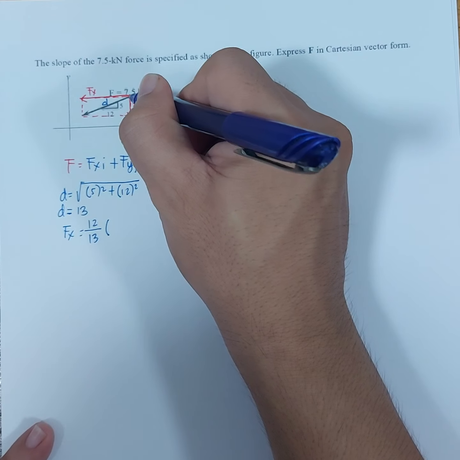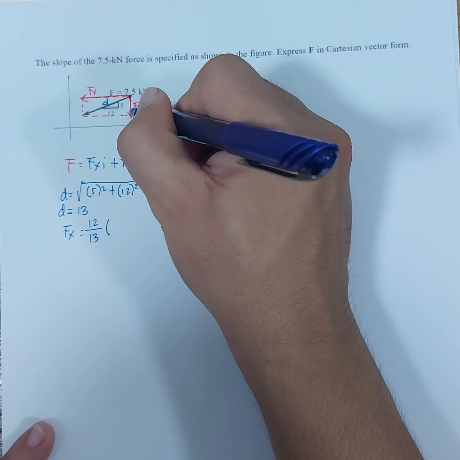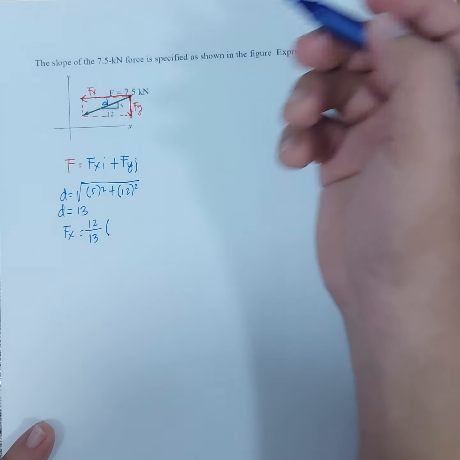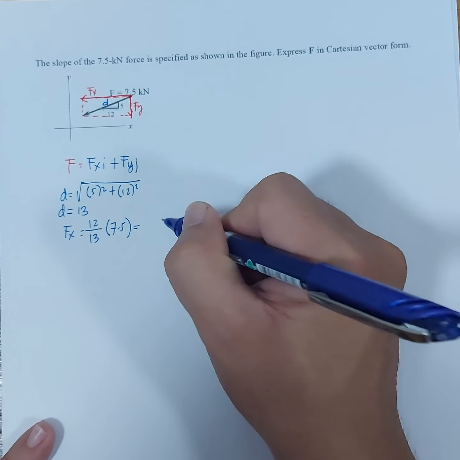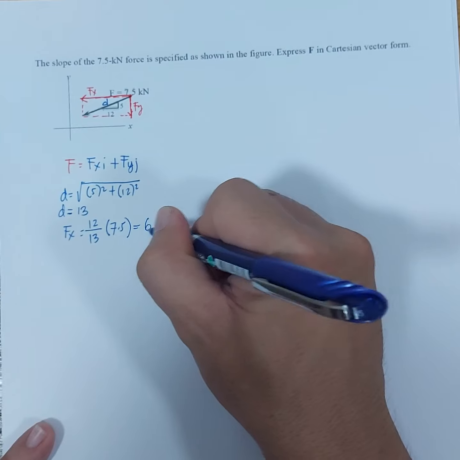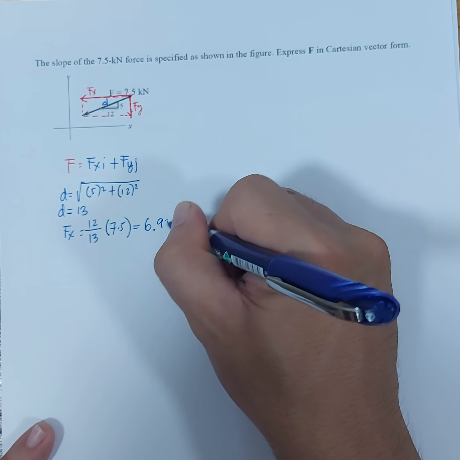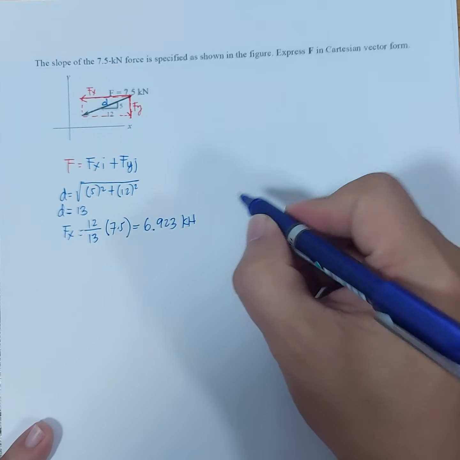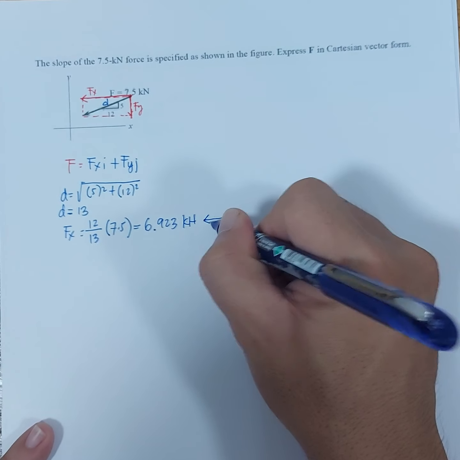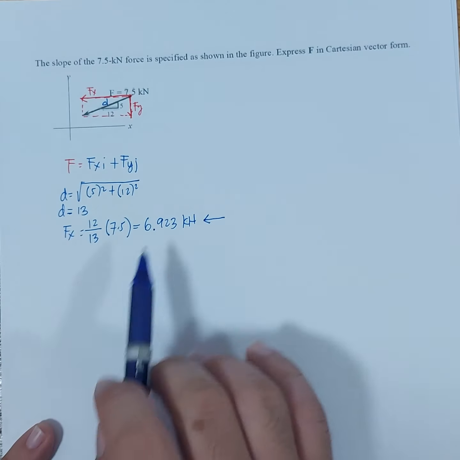Ito yung F natin, yung hypotenuse ng first triangle natin. So, Fx is 6.923 kilonewtons. The direction is to the left. So, directed siya sa left. Obvious naman.